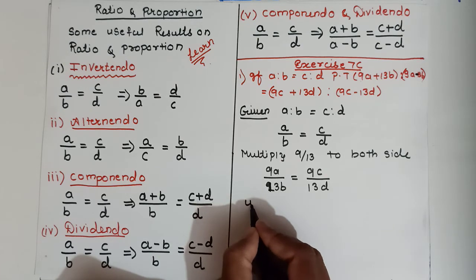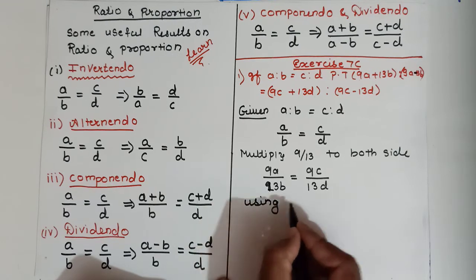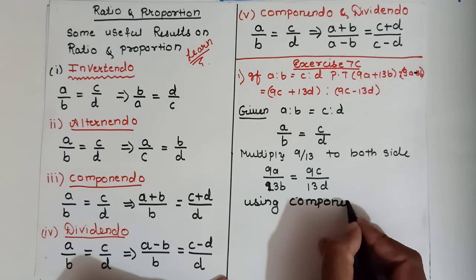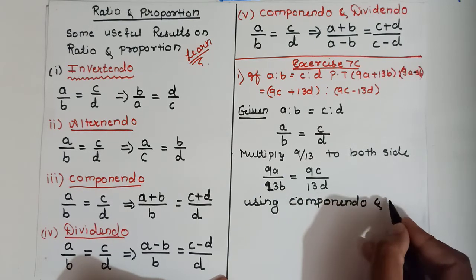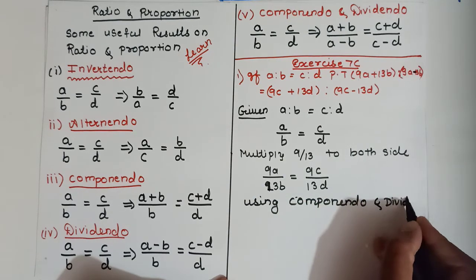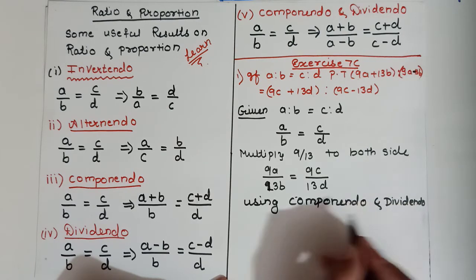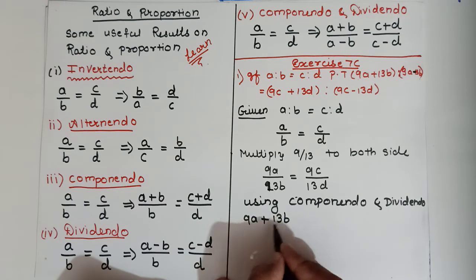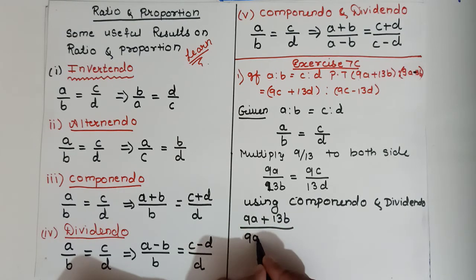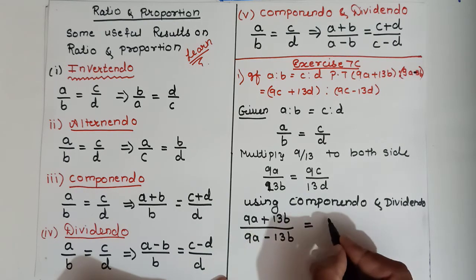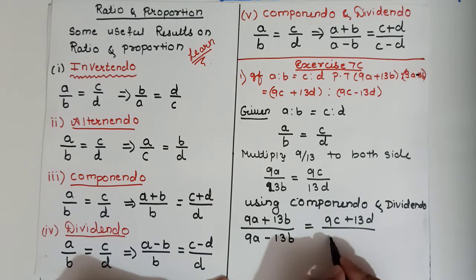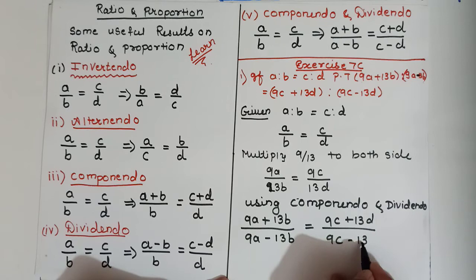So using componendo and dividendo, what we will get? 9A plus 13B divided by 9A minus 13B equals 9C plus 13D divided by 9C minus 13D.